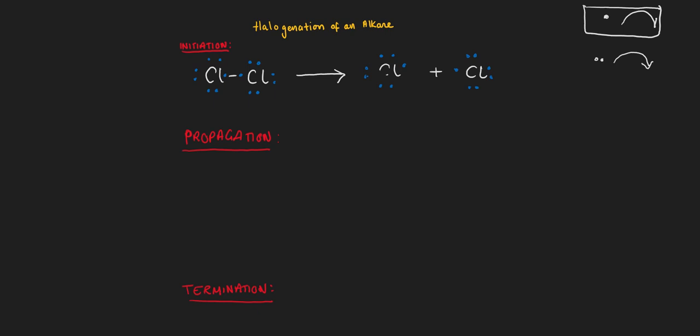Okay, now because chlorine has 1 lone electron, if you can identify it, we'll show it here. This is our lone electron, and the same here. These become known as chlorine radicals. Okay, and they're highly reactive. They want to react. They want to find something that they can bond with to complete their octet and make them happy. So these are going to be highly reactive and they will be carried down to our propagation phase.